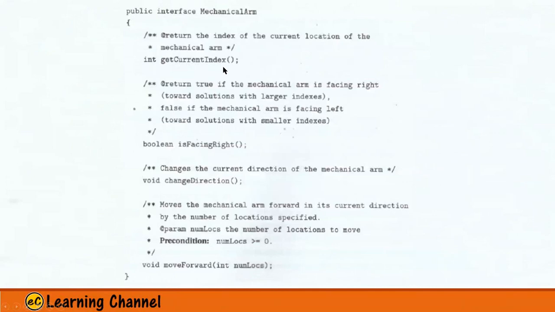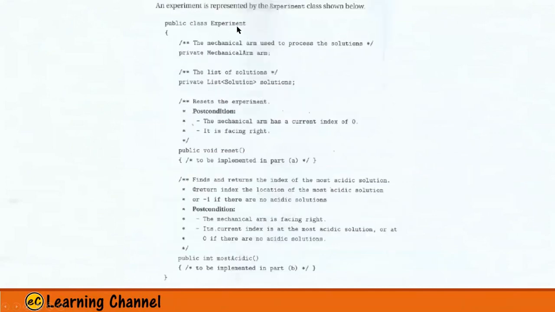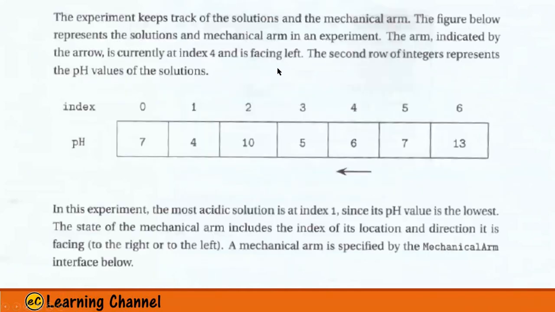We haven't seen the object yet. Now, the next one is Experiment, and this experiment holds the mechanical arm and also holds a solution list. Now we know the data structure presenting the list is for this, and the arm is a reader on this.